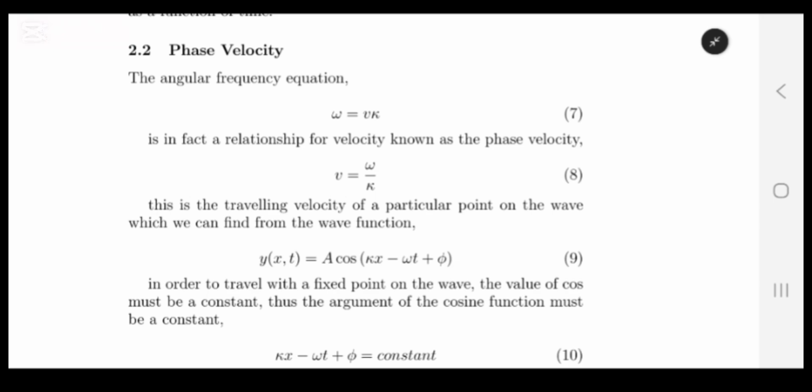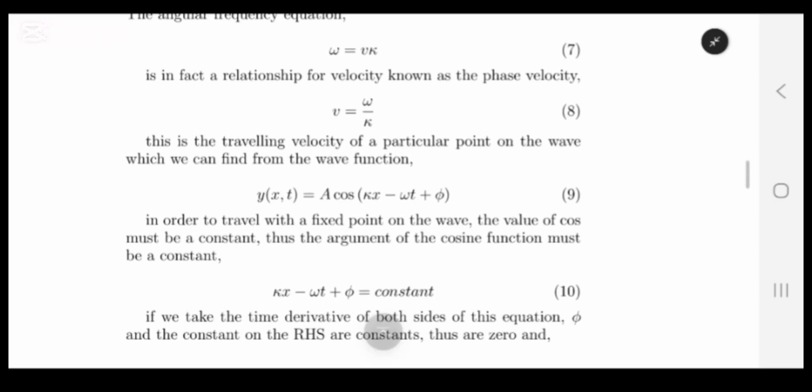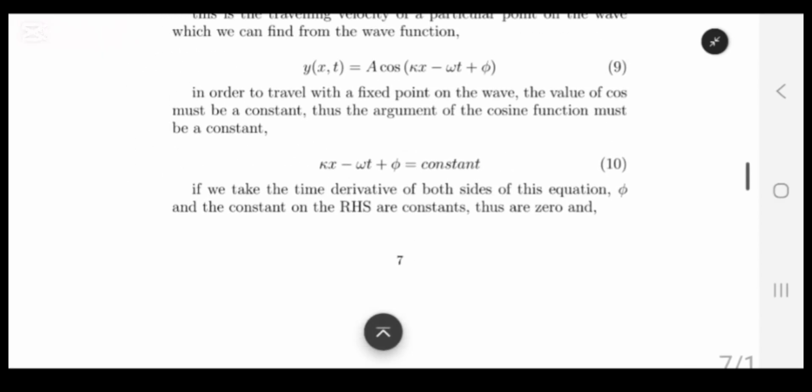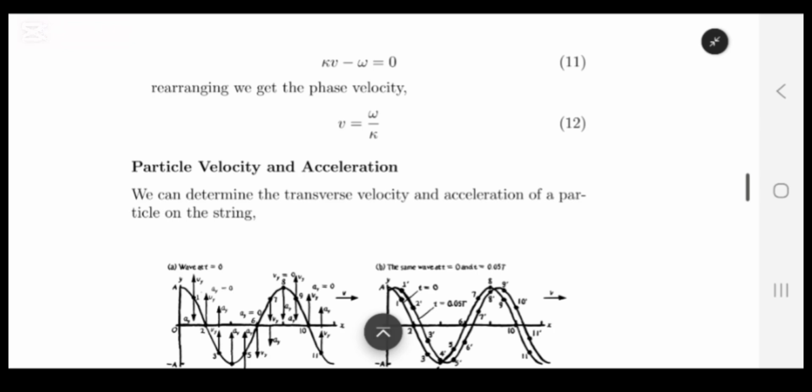So if kappa x minus omega t plus phi equals a constant, we can take the time derivative of both sides. d/dt of x gives us v, d/dt of t gives us 1, d/dt of a constant gives us 0. We're left with this relationship, which we can rearrange to give us the velocity. So it's found from the phase for a cosine function, and this is how fast our wave is traveling in some direction.